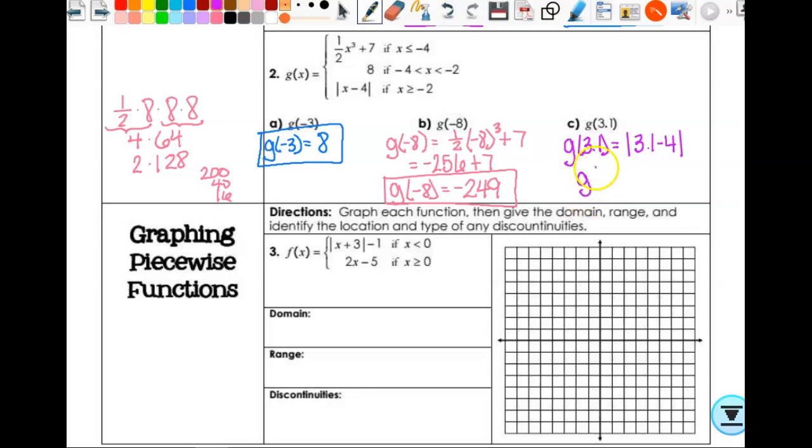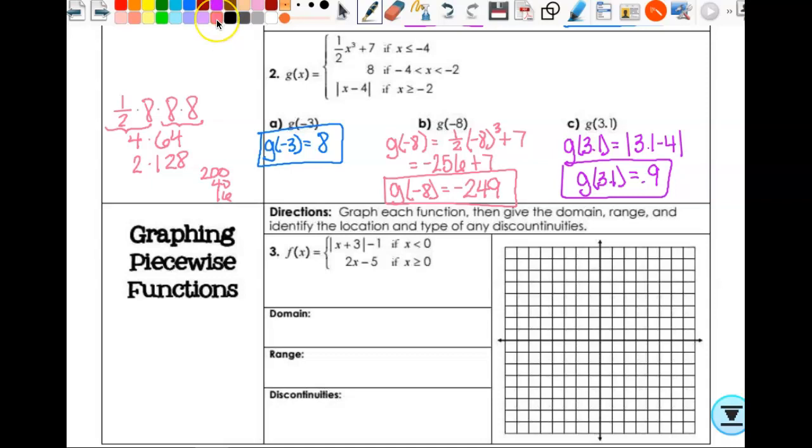So g of 3.1 is just 0.9. Any questions about that? Everybody understand how to know where things fall? Yes? Okay. So let's look at the graphing of them.